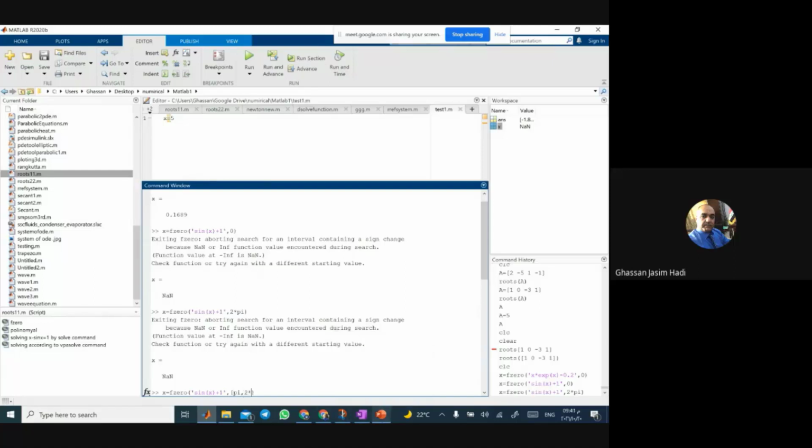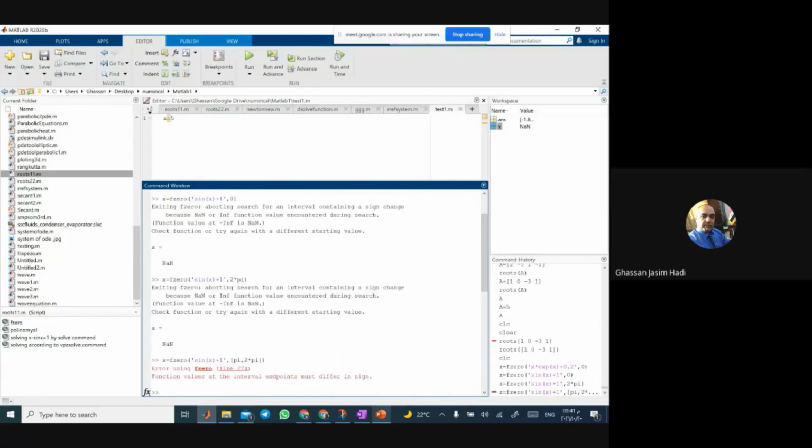Sorry, it must be pi. Between pi and 2 pi, plus, enter. Interval endpoint must differ in sign. Yes, it's not different. Minus sign, minus 1.